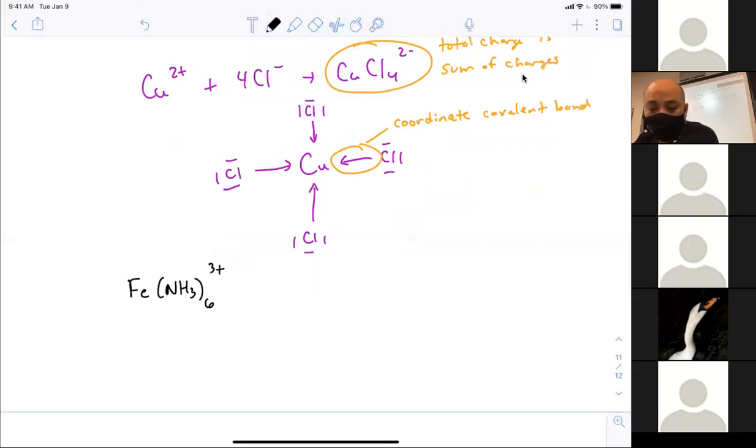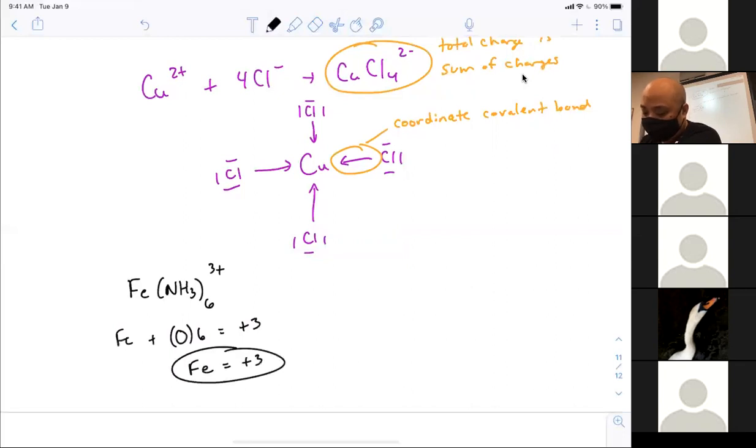Well, what's the charge on NH3? 0. NH4 is +1, but NH3 is 0. So if there's 6 zeros and then 1 Fe, then Fe must have an oxidation number of +3 here. So again, it's just arithmetic.